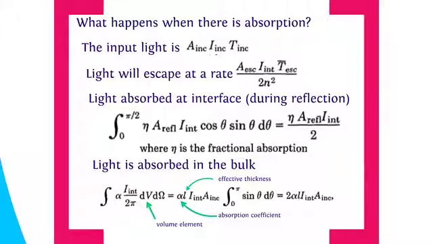So here, what we did was we said the intensity is uniform, so it comes out of the integral. The volume simply becomes L, which is the effective thickness, multiplied by A. L times A is the volume, so that came out of the integral. And the remaining integral is something we've seen before, and you get that expression.